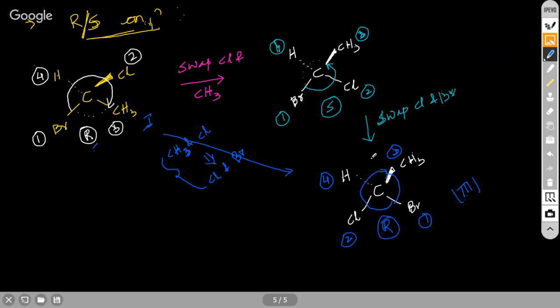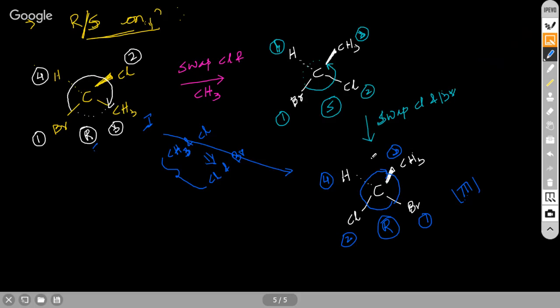Did you write this point? When there is an odd number of exchanges, the configuration changes from R to S and S to R. Next point, if we have an even number of exchanges, like 2 pairs, 4 pairs, 6 pairs, then the configuration remains the same.